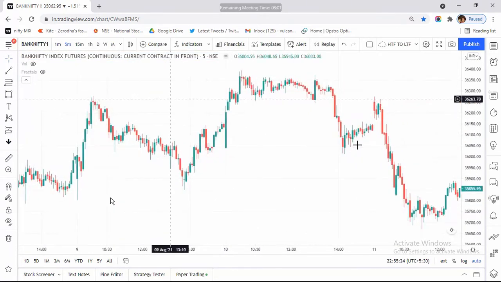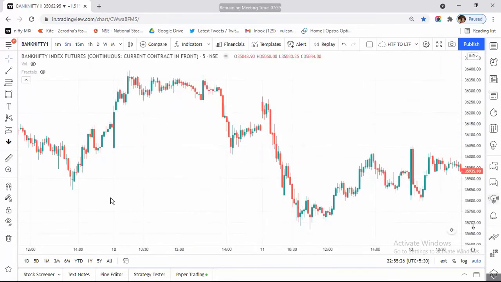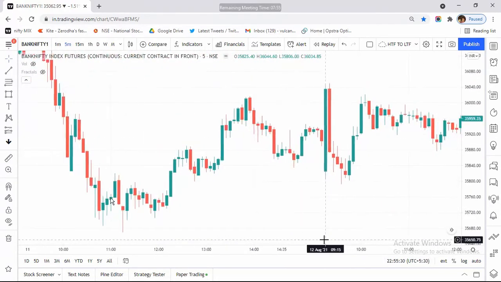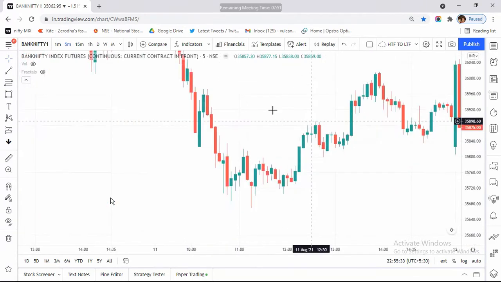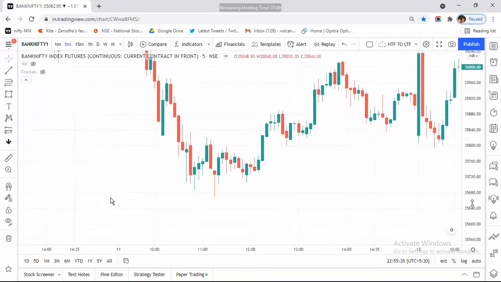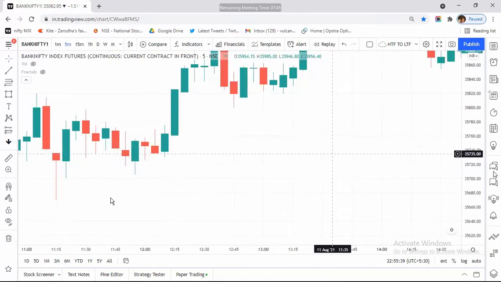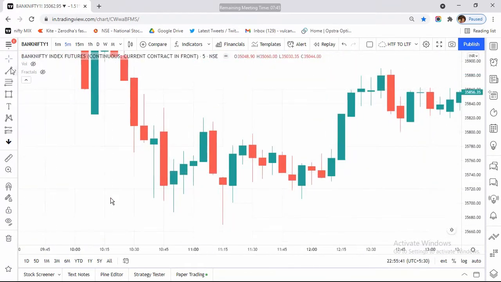Swing high and swing low. Suppose here in this range, what do you see? Swing high.